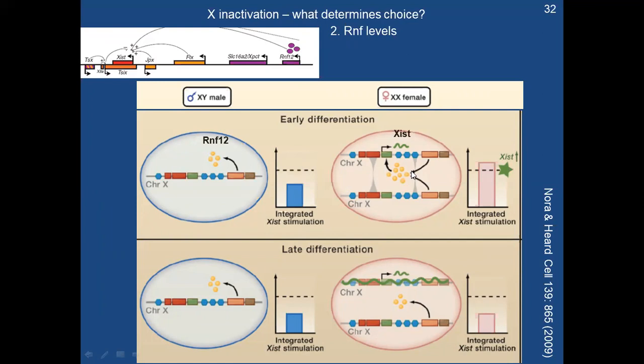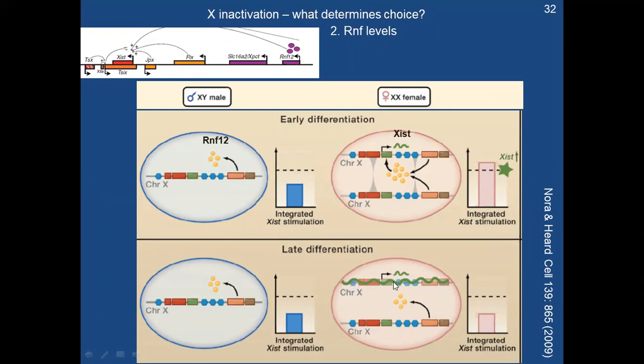But in the female, because you are producing twice the amount of protein from both active X chromosomes, you have the chance of activating Xist transcription in at least one of them. Doesn't matter which one. But the moment you activate Xist transcription, Xist RNA will silence the RNF12 gene, and you are going to reduce your quantities of RNF12, and Xist transcription will stop.